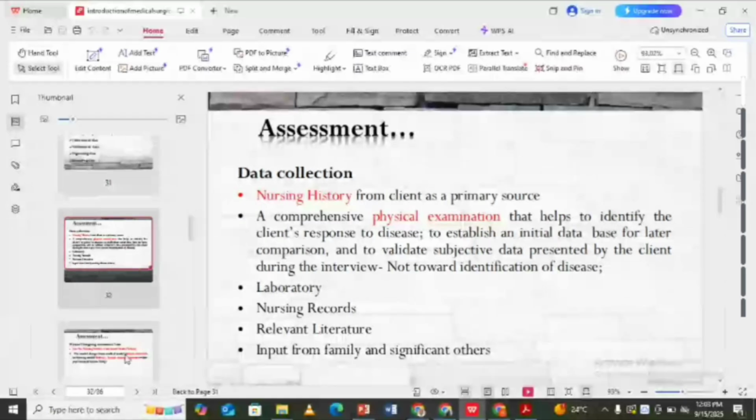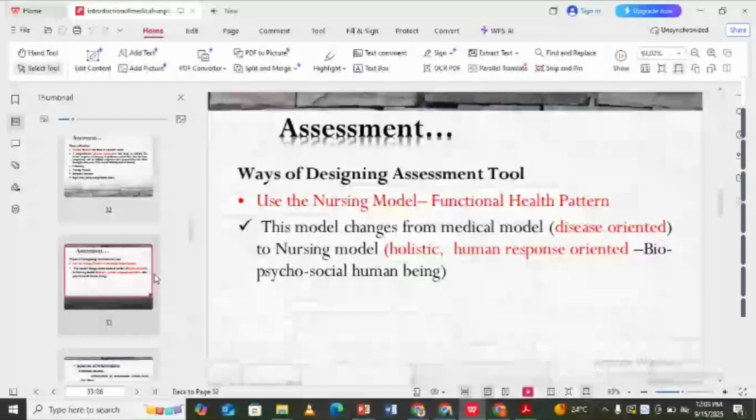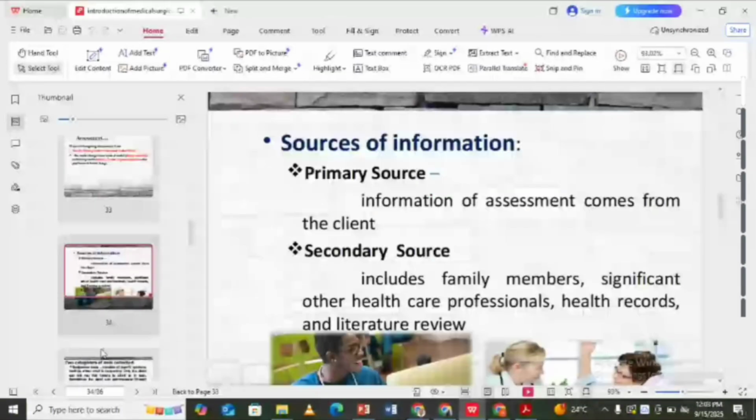Input from family and significant others is also something you can use to assess your patient. You can design a nursing assessment tool, which will help you to collect information. You can also use the various nursing theories to collect information.